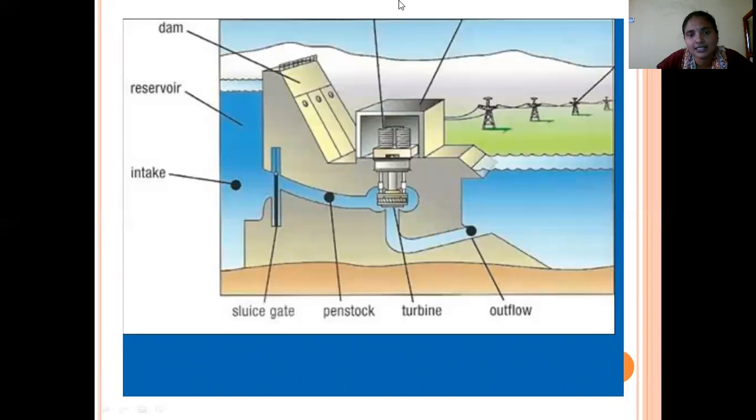So it is called the spillway side. The excess flood water is released from the spillway gates. The water released for agriculture, irrigation, and hydropower purposes is released from here. This is called the sluice way.